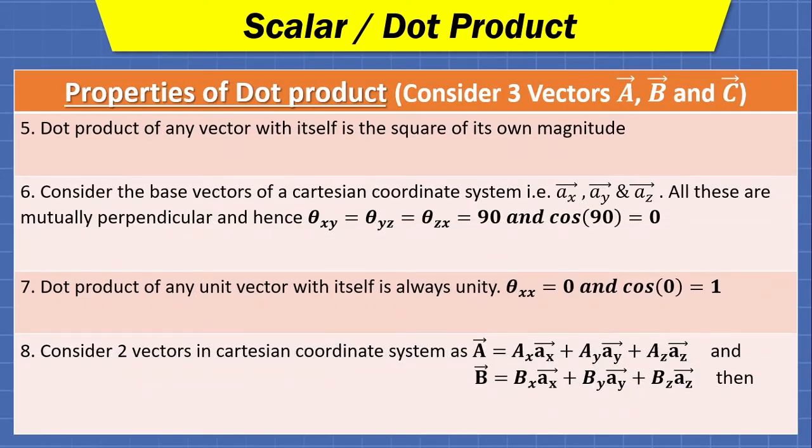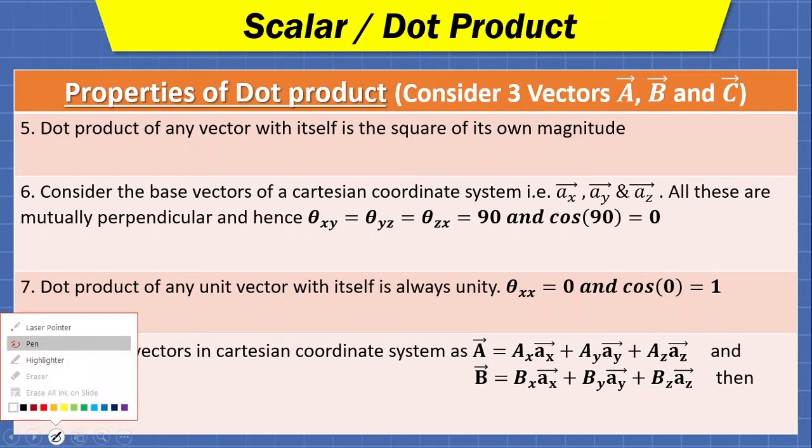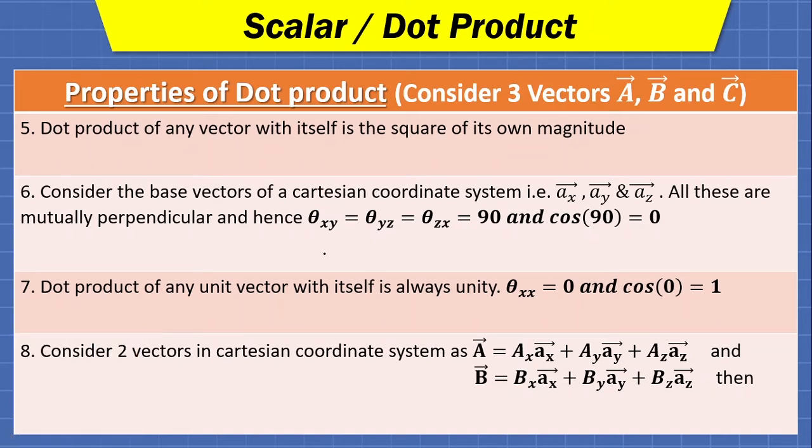The next property is that the dot product of any vector with itself is the square of its own magnitude. It is also very easy to realize. So if we have a vector a bar, something like this, and if we perform a bar dot a bar, then obviously the angle between the vector and itself is 0.